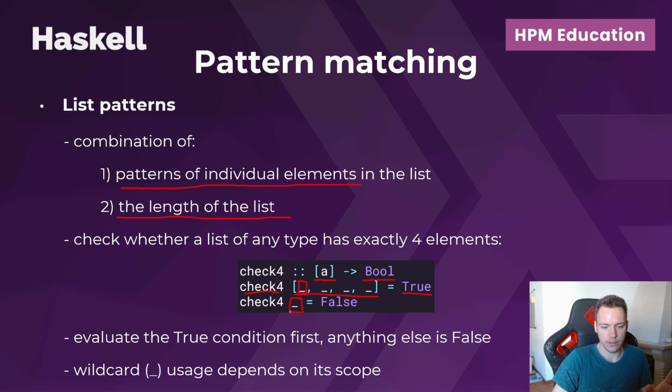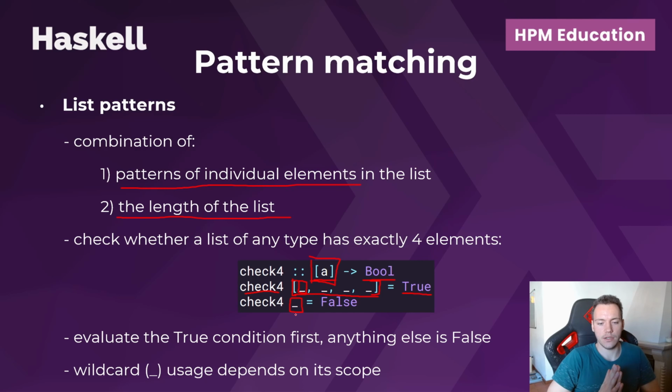But the wildcard character in the false version of this function is a pattern of the list that's being accepted, actually. So because the scope is different, right? So check4 receives 1 argument. In that case, the argument is here the list, and in this case the argument is a wildcard character, which is also a list, which we know from the type signature.